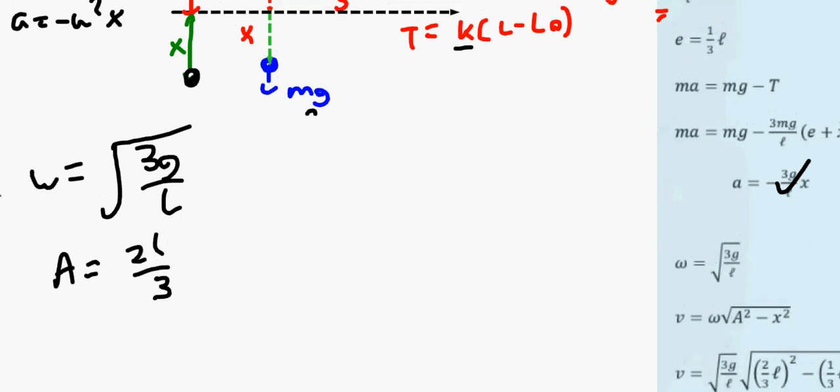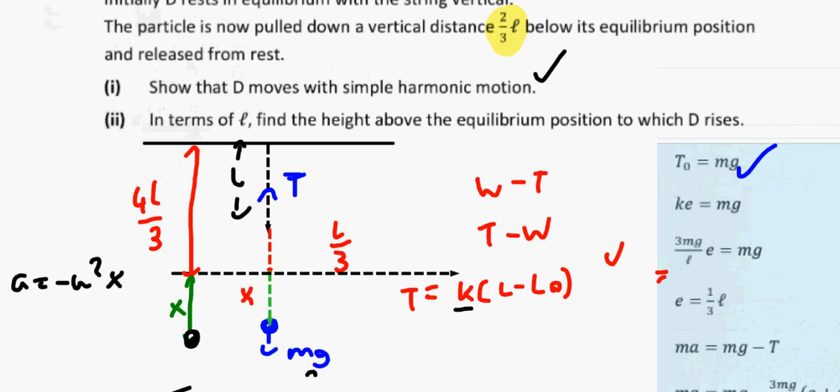Alright, first question we've got to look at. Is it a time question or a distance question? Distance. So we don't have to be concerned about how long it took to get there. Does that make sense? Okay.